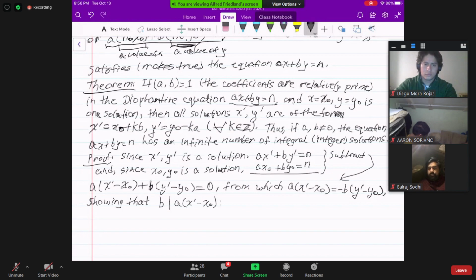So let's say in words what this is. B is dividing the product a times x prime minus x sub 0.